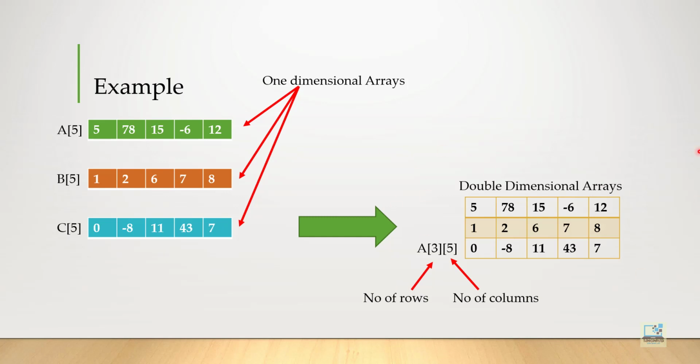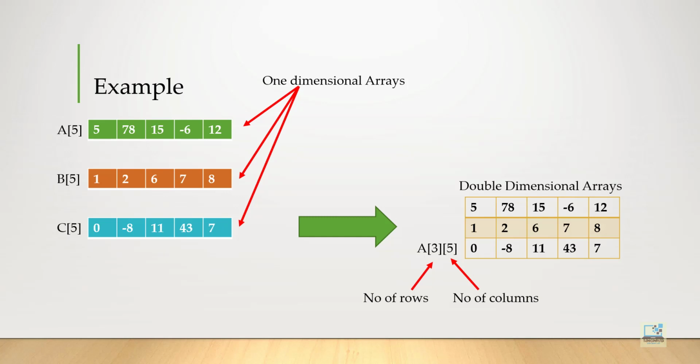As you can see in this structure, the first row is array A, the second row is array B and the third row is array C. So we can say it is an array of size 3 by 5, 3 rows and 5 columns. So the order of this 2D array or the order of this matrix is 3 by 5.